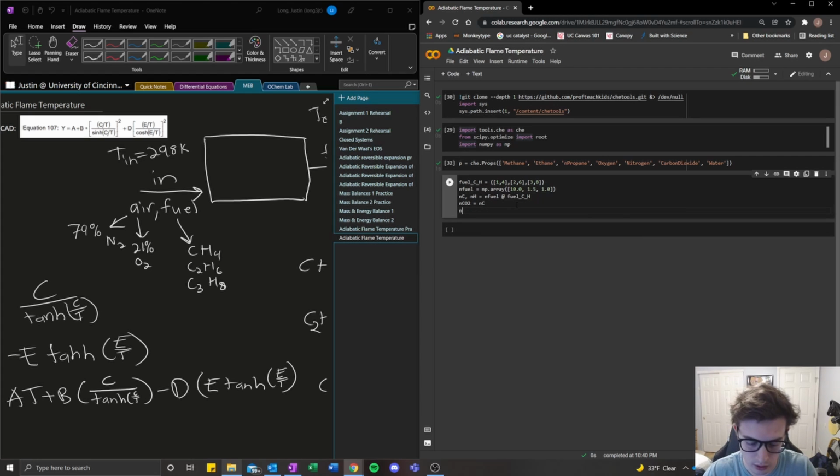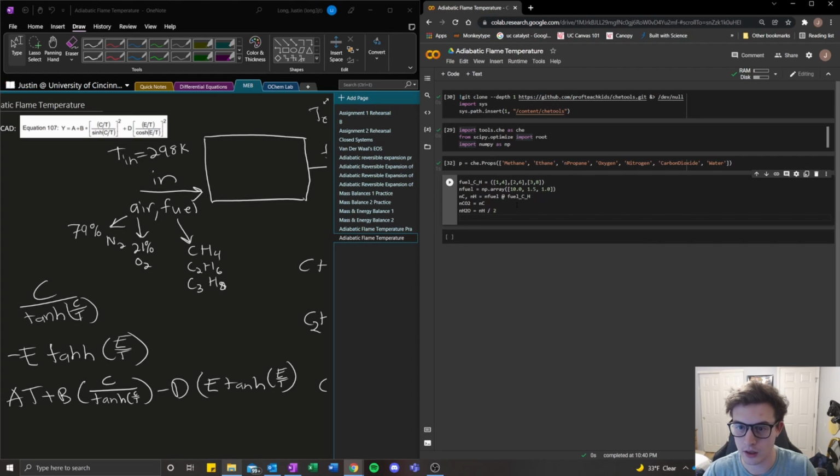Then we're also going to do the number of moles of water, and that is going to be equal to the number of moles of hydrogen divided by 2, and then we need the number of moles of oxygen, and that is going to be equal to the number of moles of carbon plus the number of moles of water divided by 2.